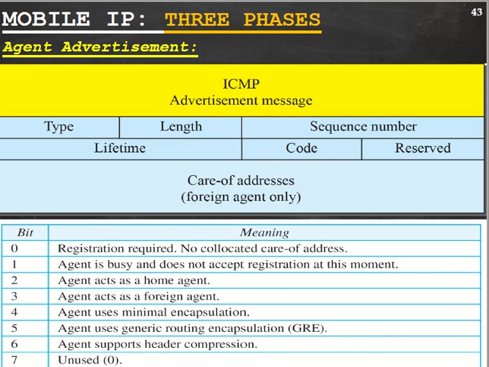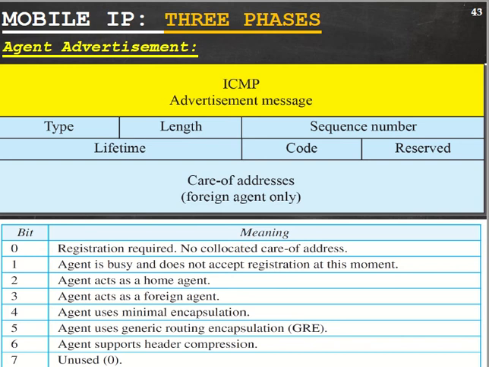This consists of different fields like type, length, sequence number, lifetime, code, reserved, as well as care of addresses.